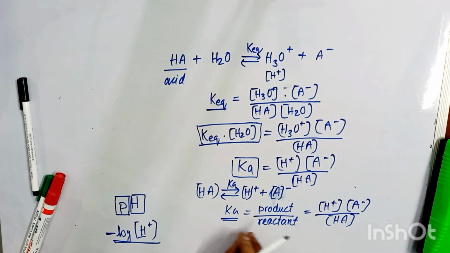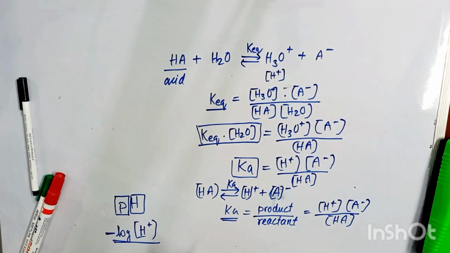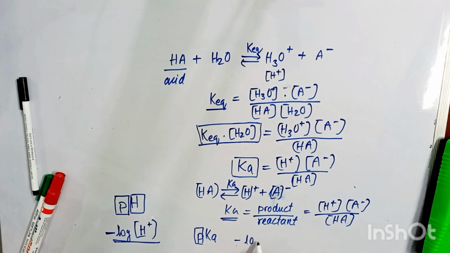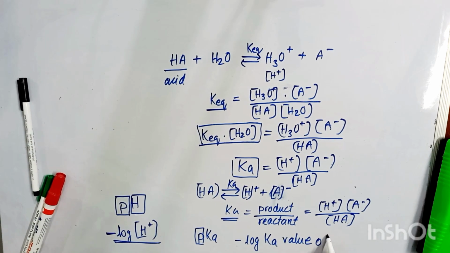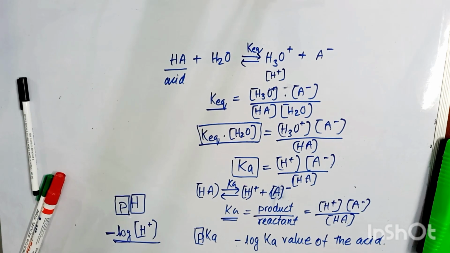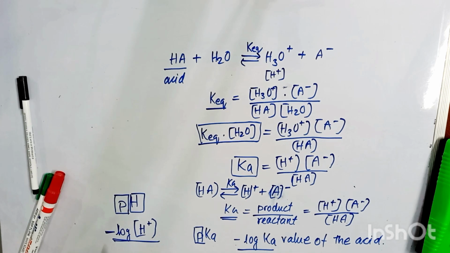What is pKa? pKa of an acid is just similar to pH, in that the p designates a negative log of the Ka value of the acid. pKa is the negative log of the Ka value of the acid.